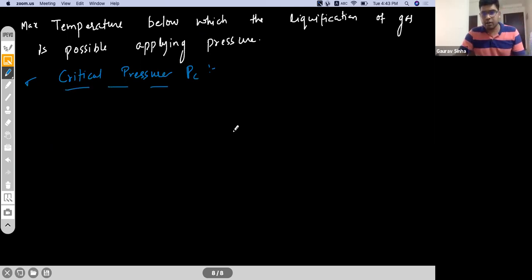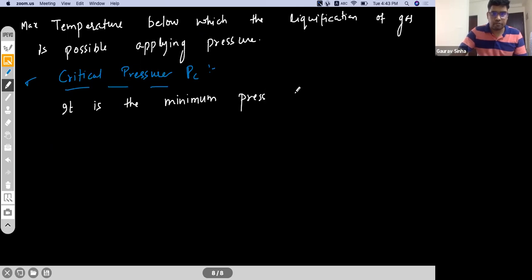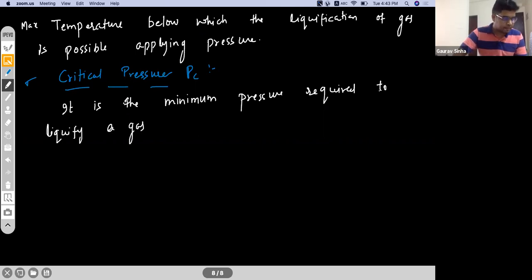It is the minimum pressure required to liquefy a gas at critical temperature.